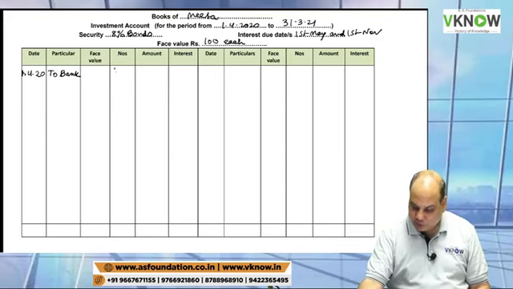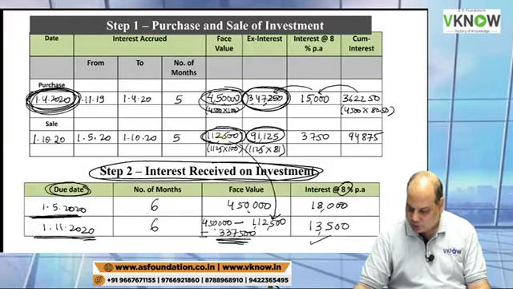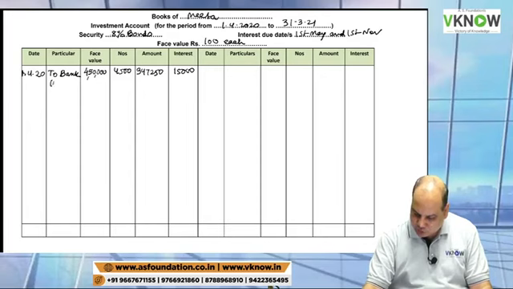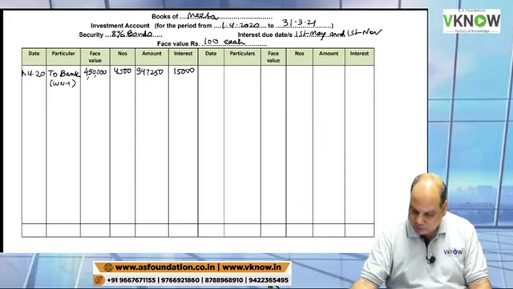We have purchased 4,500 quantity whose face value is 4,50,000, and the amount will be ex-interest amount 347,250, working note 1, and interest is 15,000.